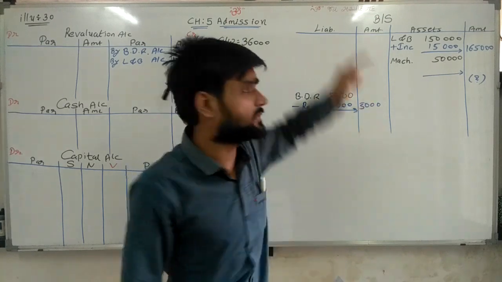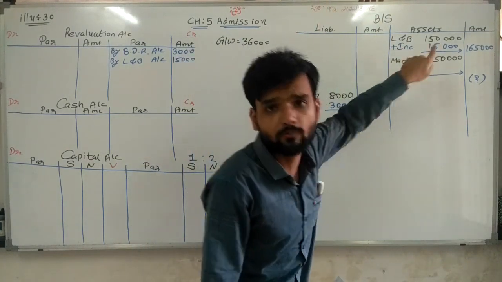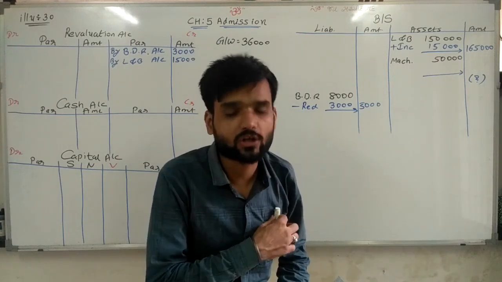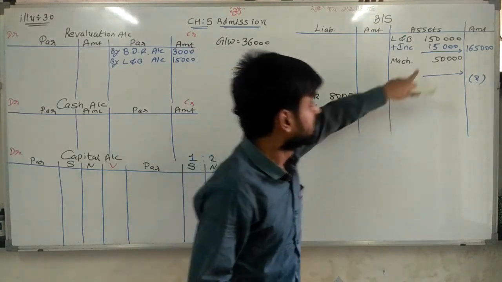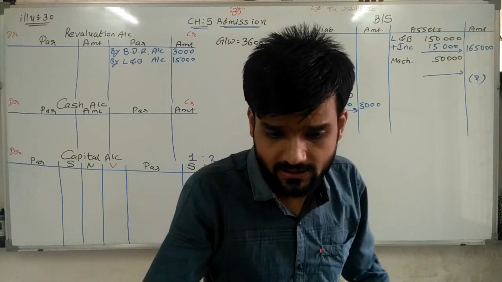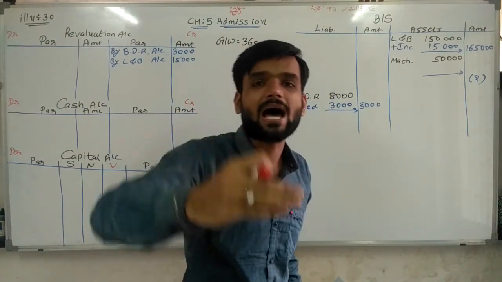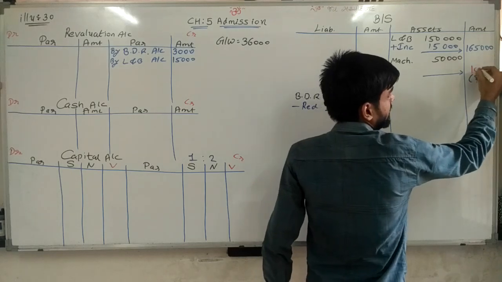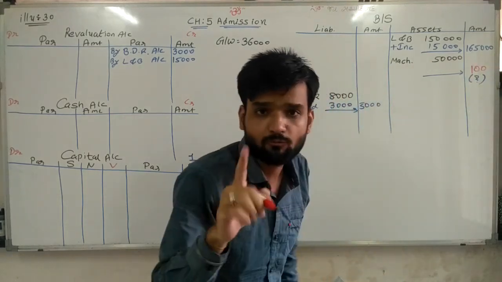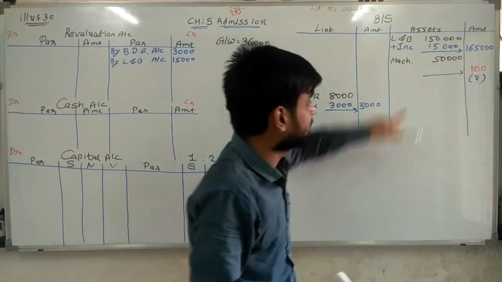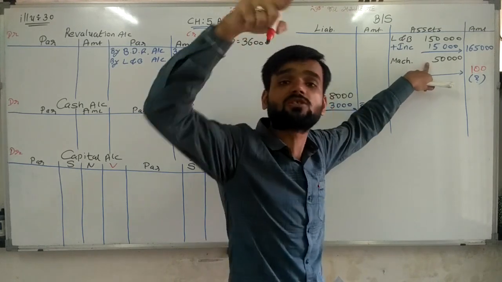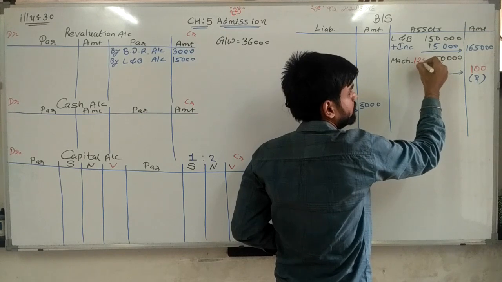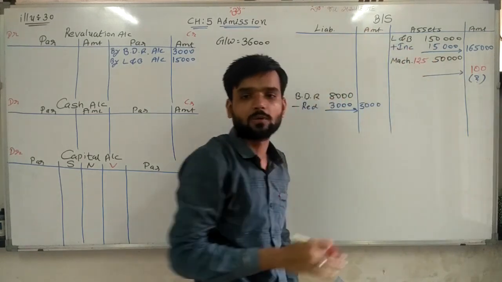Here information is given about this book value, this 50,000 rupees. What is given for this 50,000 rupees? This 50,000 rupees is more by 25%. It means if market value is 100, then this value is 25% more. It means it's 125. 100 plus 25%.